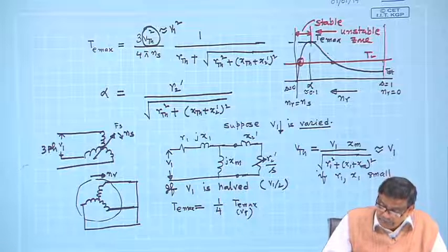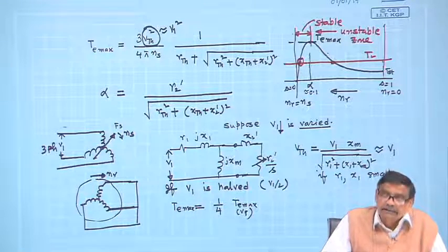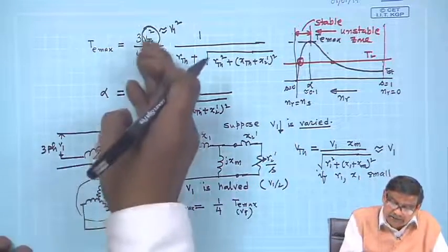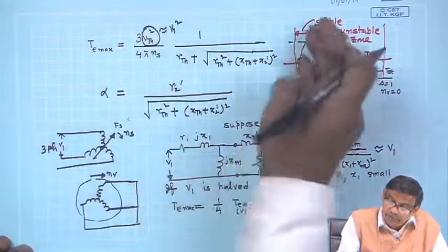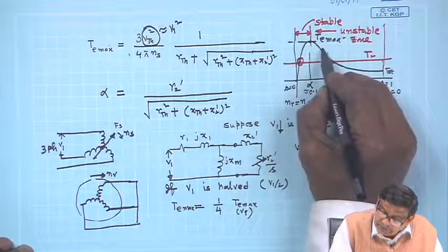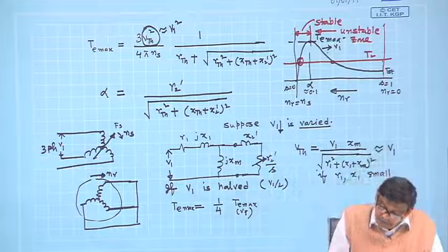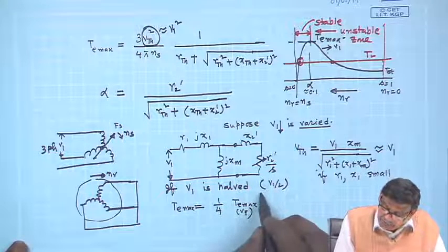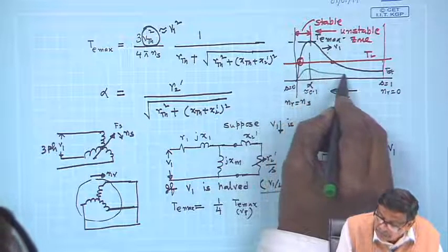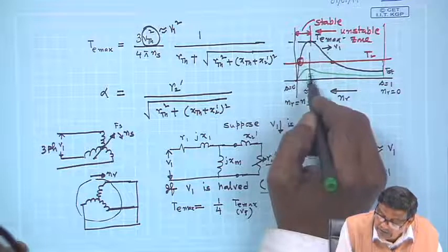Maximum torque will become 1/4. If you make it 1/3, it will become 1/9, because the square of the supply voltage dictates what this T max should be. Therefore, if this is the T max for applied voltage V1, and you have reduced the voltage by half, your torque slip characteristics will become like this. This one will become 1/4 that of this.